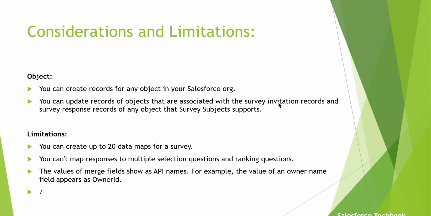You can use constants, responses, merge fields, or even timestamps as values, and you can chain data maps, that is, use the ID from one record to populate another, like linking a task to a newly created case. And the values of merge fields show as API names. For example, the value of an owner name field appears as owner ID, same as contact ID.